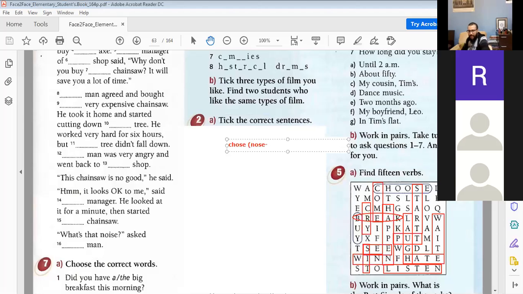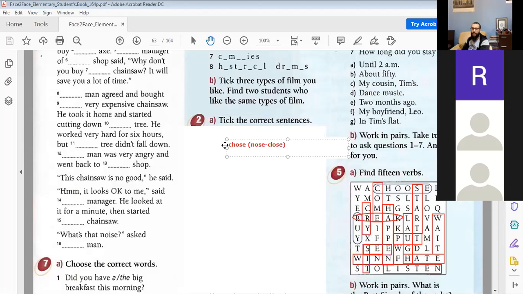Close, nose, chose, and froze, and many other words. Okay, so chose, correct. What else? What about drive? Drove. Rose, you're right. That's correct, Rana. Rose also.